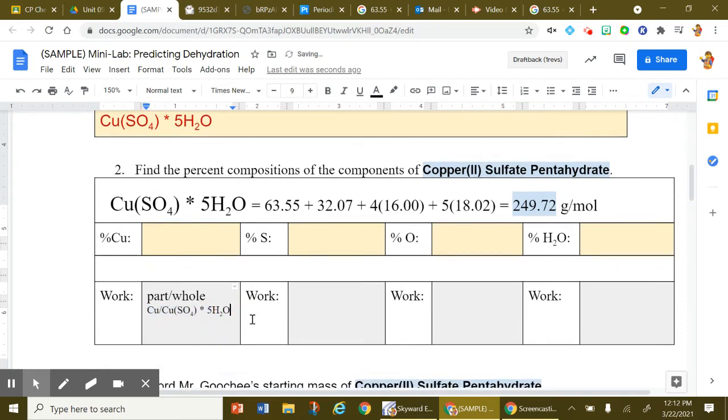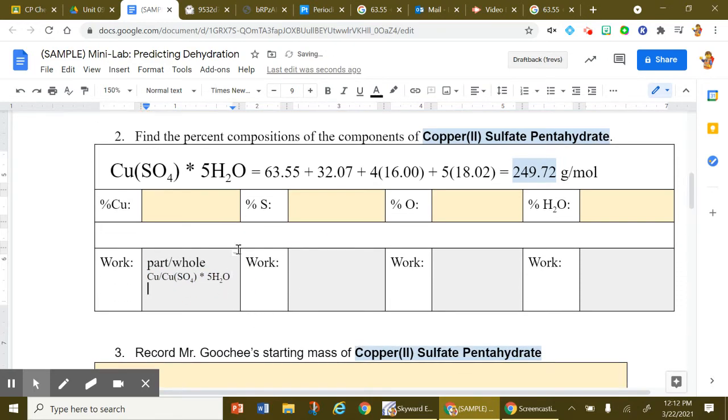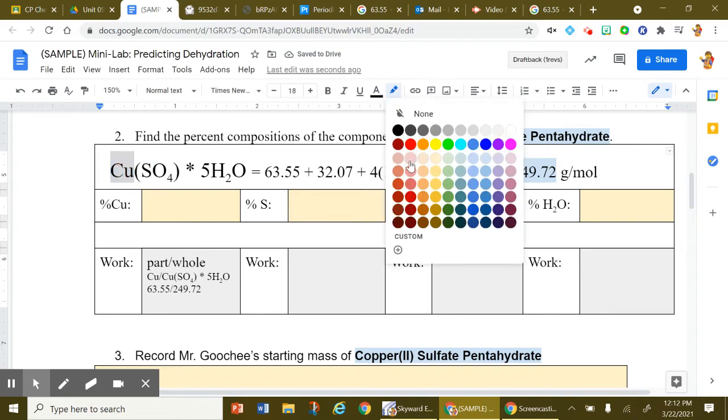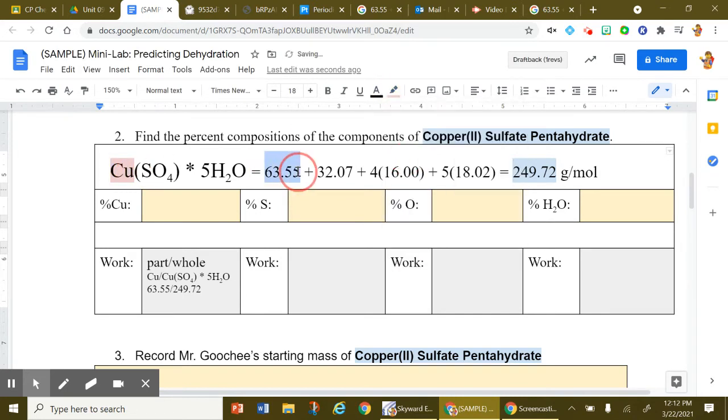So the mass of a copper is 63.55 grams per mole. The mass of the whole thing is 249.72 grams per mole. Again, this substance only has one copper in it.